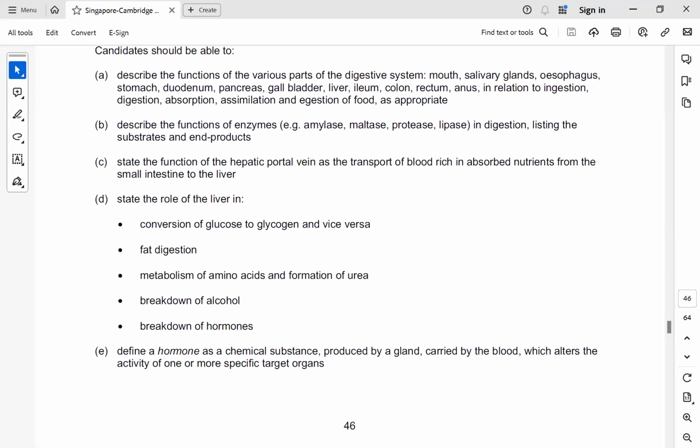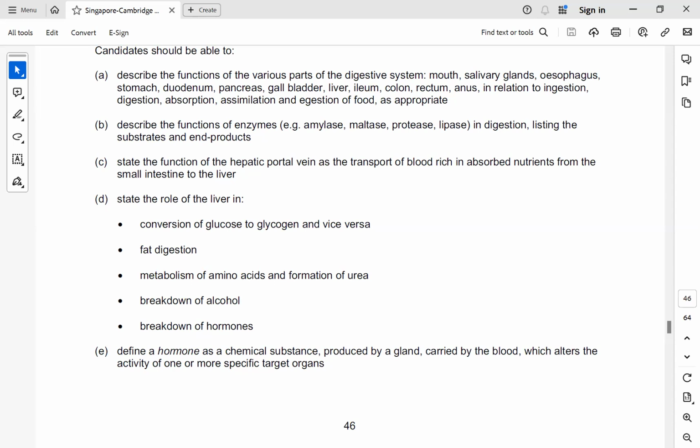So let's look at this one. So far we have talked about three different functions. This is the fat digestion, the production of bile. In the previous lesson, we already talked about the function of bile. Bile is important in the emulsification of fats.